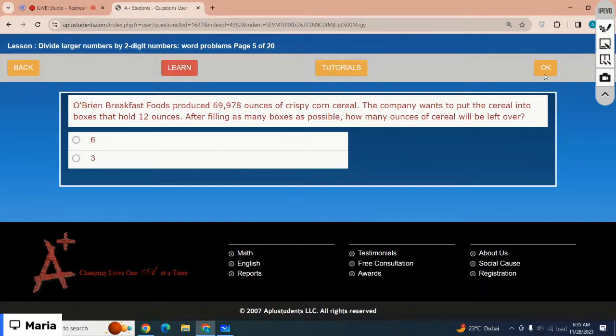You have to see how much cereal will be left over, right? 69,978 divided by 12. Yes, the correct option is 6. It is 6.